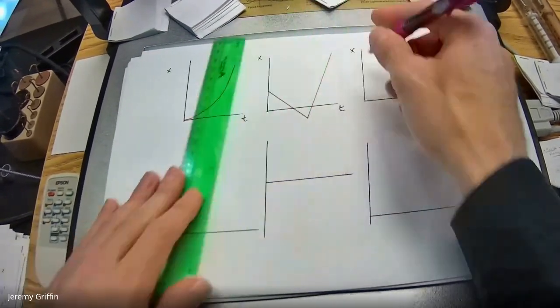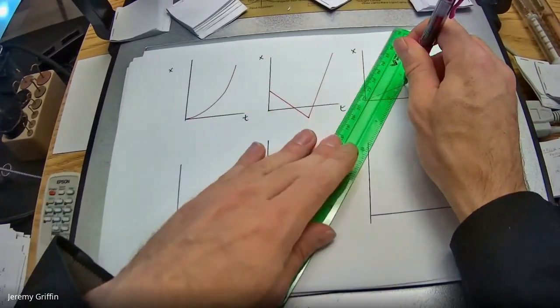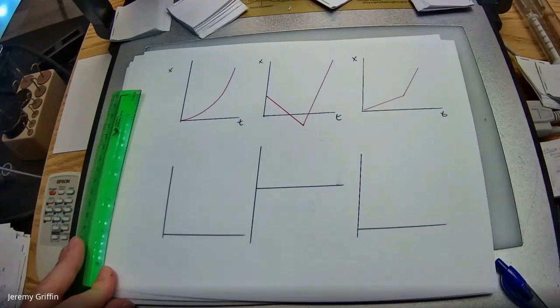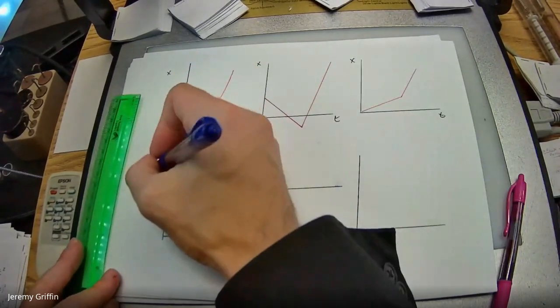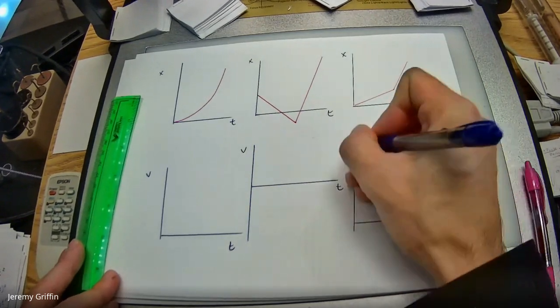Not exactly what's in your book, but pretty close. And what if you had something that looked like this? Not exactly what's in your book, but pretty close to it. So I came up with my own curves that are pretty similar. And then could you make velocity versus time graphs for each one of these?